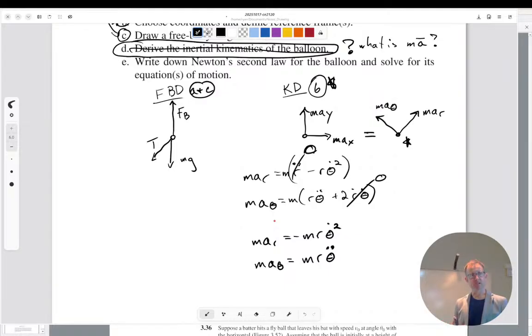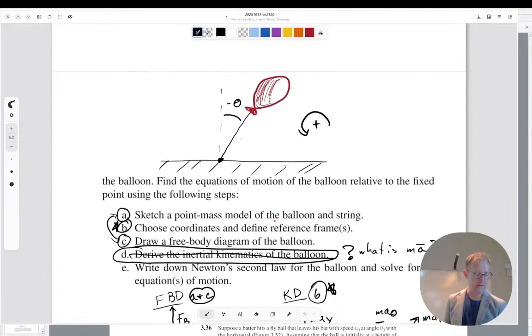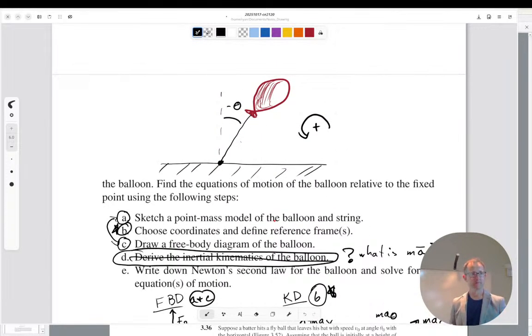It is changing. If you know the angle theta, what does it tell you about the balloon? Do you know where the balloon is if you have the angle? If I tell you it's at a 45-degree angle, can you tell me how high off the ground it is?